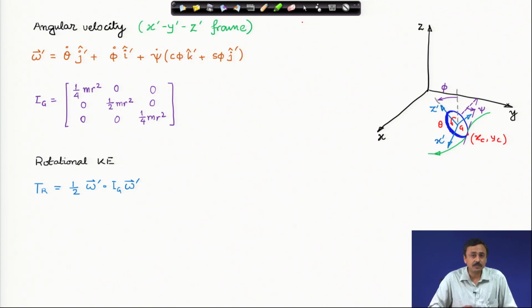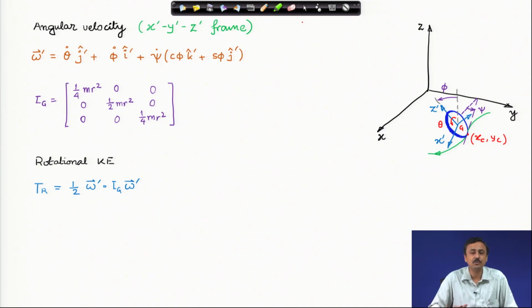Because kinetic energy is a scalar quantity, whichever coordinate system you use to compute it, it will remain invariant, just like the magnitude of a vector remains invariant whatever frame you use to represent it.